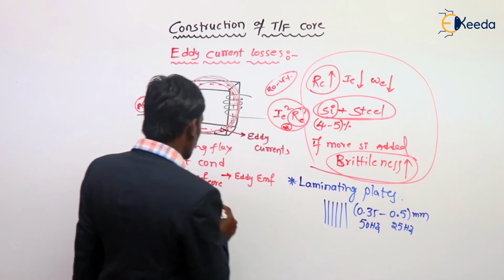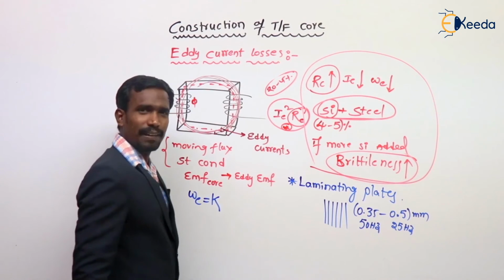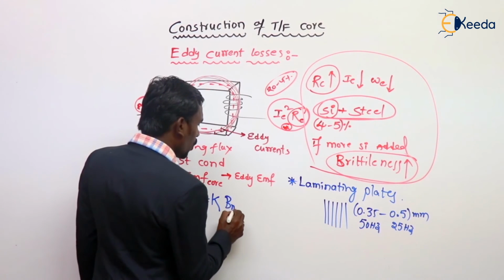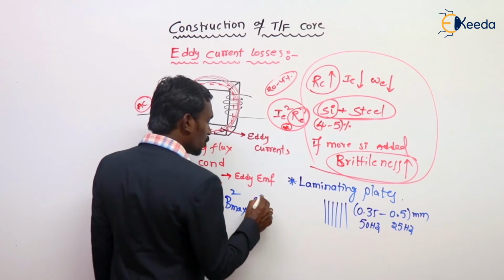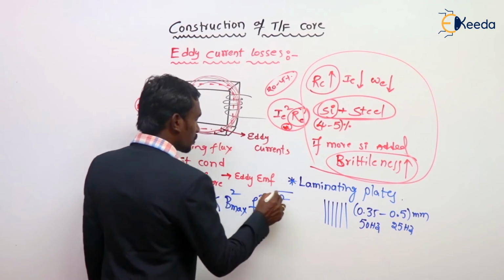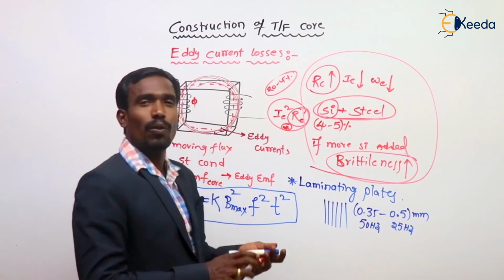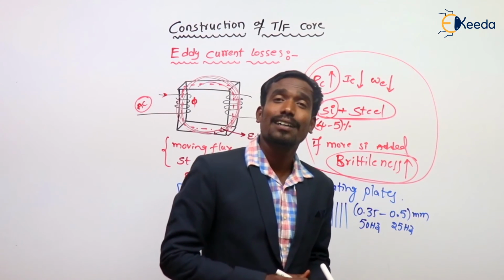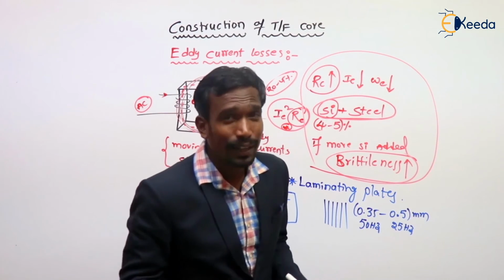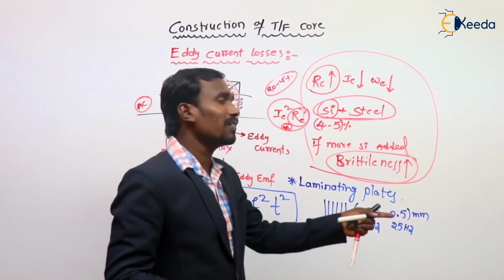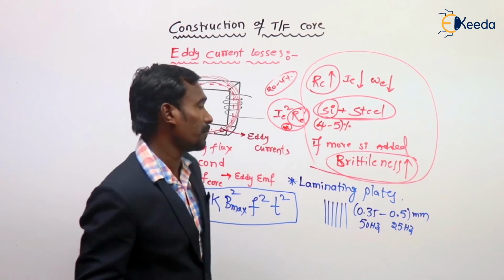Sir, what is the formula for eddy current losses? The eddy current loss formula is some constant K times B max square into F square into T square. Here T is not a time duration; it is the thickness of the laminating plates.